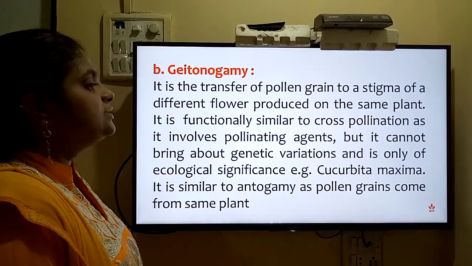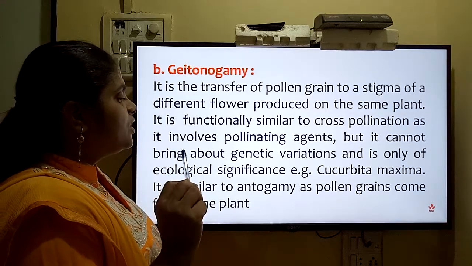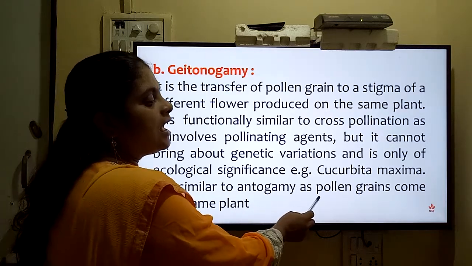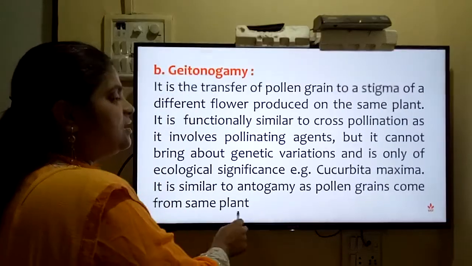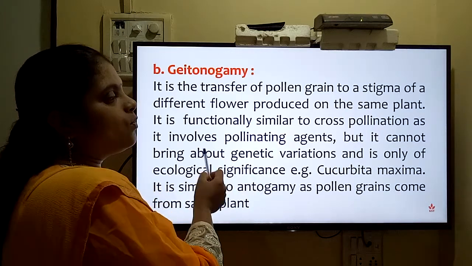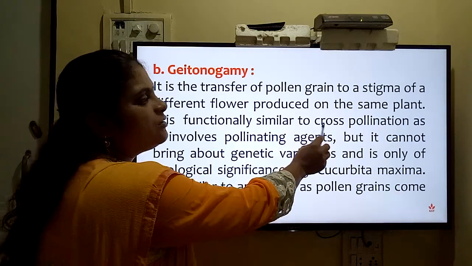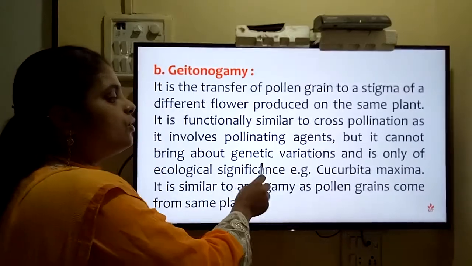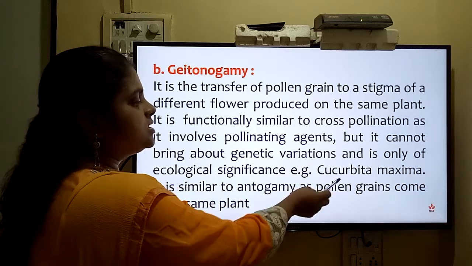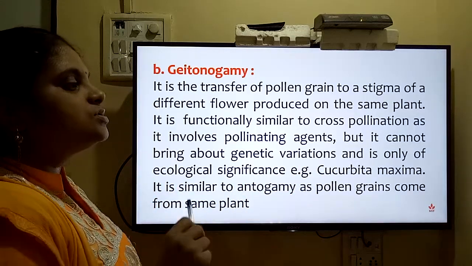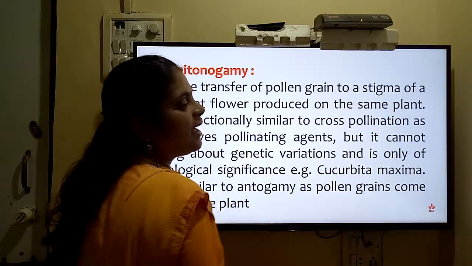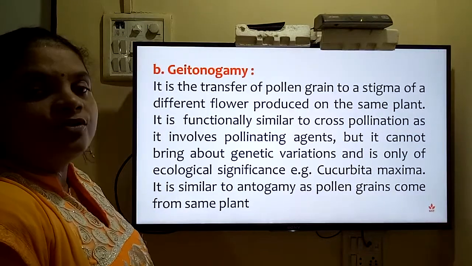That's why we can say it is a modification or type of autogamy. It is similar to autogamy because the pollen grains come from the same plant. Here it requires a pollinating agent, similar to cross-pollination, but there are no genetic differences in the offspring. So it is only of ecological significance. The best example is Cucurbita maxima. So this is geitonogamy.